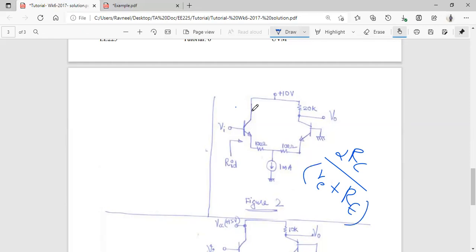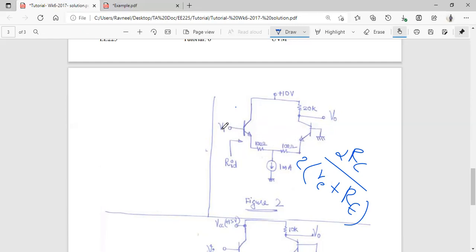The total emitter resistance for transistors 1 and 2 will be twice that, because this side has the same emitter resistance as this particular side as well. The small re over here is also equivalent to the small re over here. Both the sides are equivalent, right?